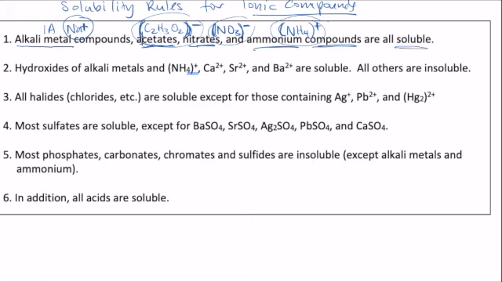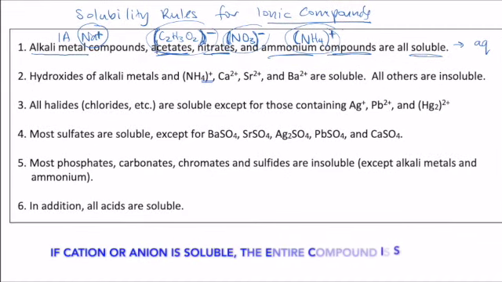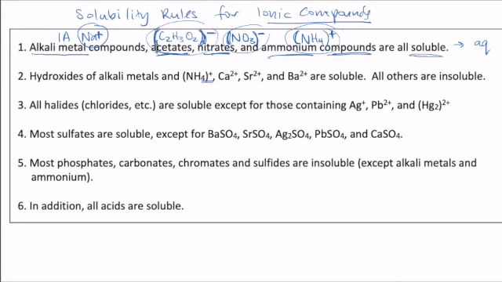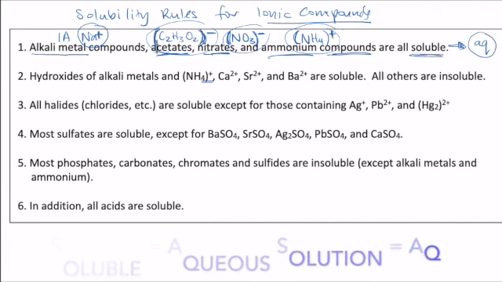That makes this soluble, and so this would get the physical state AQ. That's the interesting thing about ionic compounds. If one of the ions will dissolve in water, then both of the ions have to dissolve in the water and become an aqueous solution. So soluble means write AQ for the physical state.